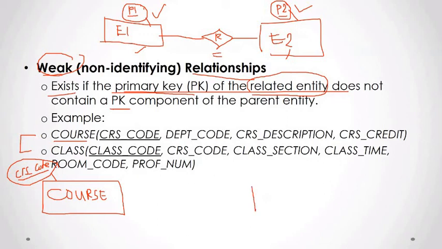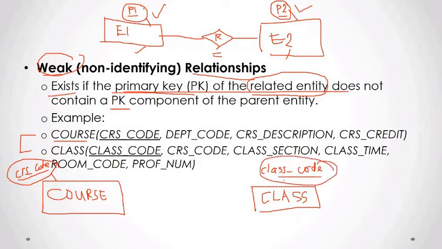And then we have an entity here, class, and the primary key of this entity is class code. There. So obviously the relationship here is has. So one course can have one or more classes or one or more sections.